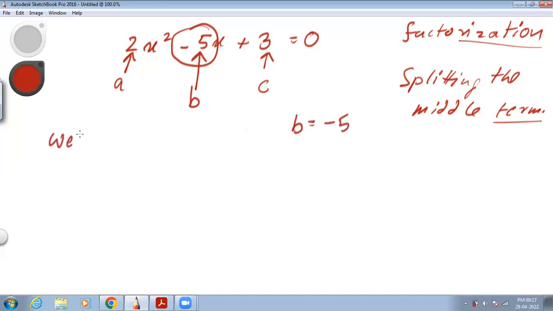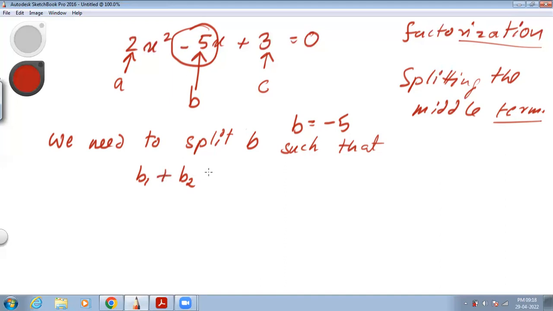So we need to split B into B1 and B2, okay, in such a way that B1 plus B2 is equal to minus 5.